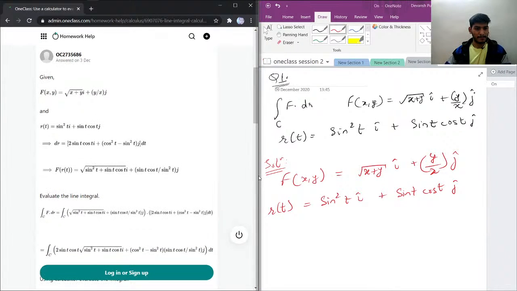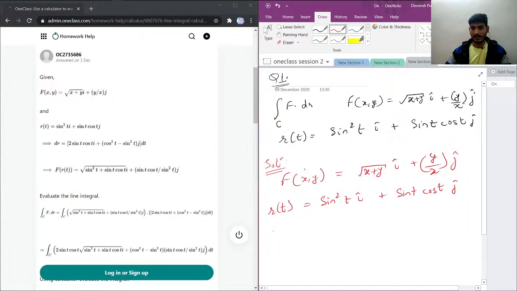Now we need to find dr, because in our original integral it is F dot dr and we have the r function. So we'll differentiate this function and we'll get, sine square t will be 2 sine t cosine t I cap plus, this will be using the product rule.